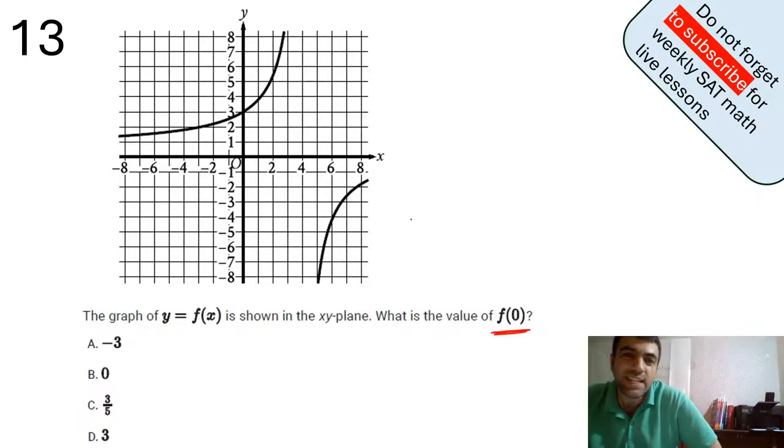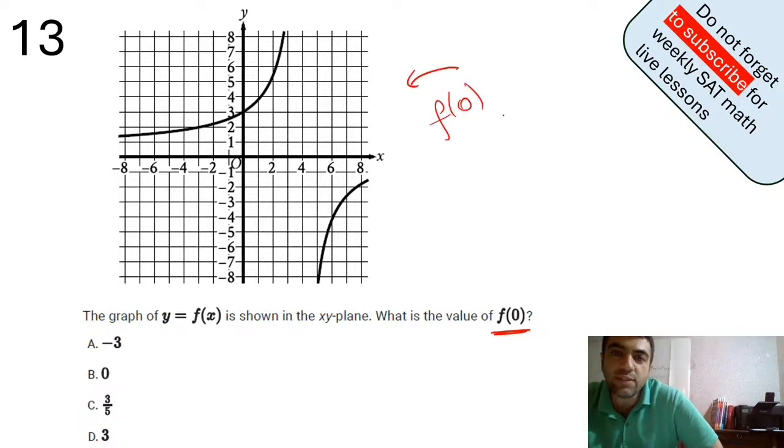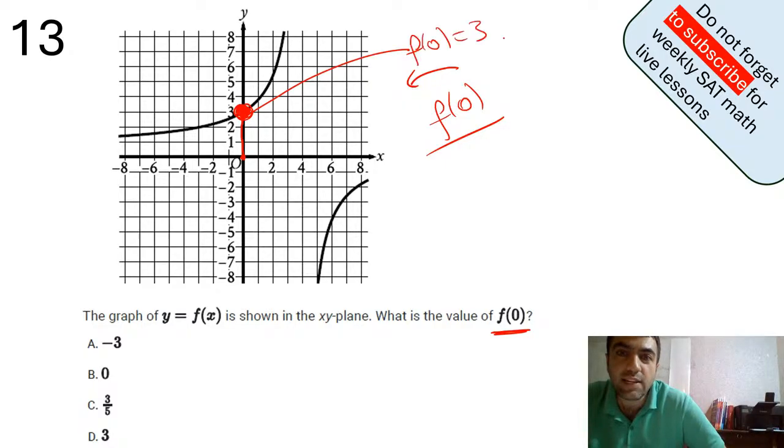We should read from the graph. What is the value of f of 0? Mr. Shahin says A. It is A. F of 0 means this one is 0, right? And in the graph, we see that this is. Do you see this point? F of 0 is equal to 3, man.